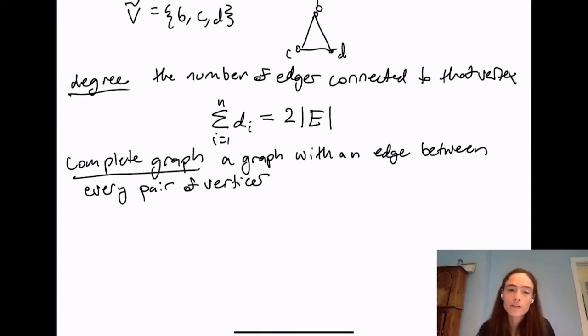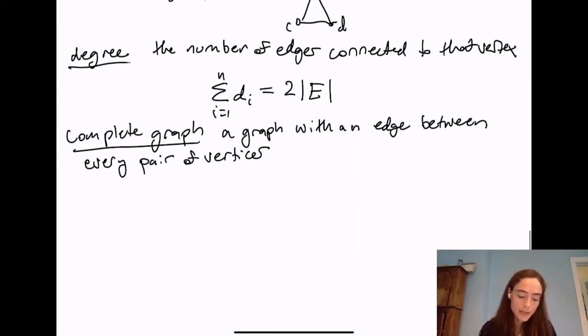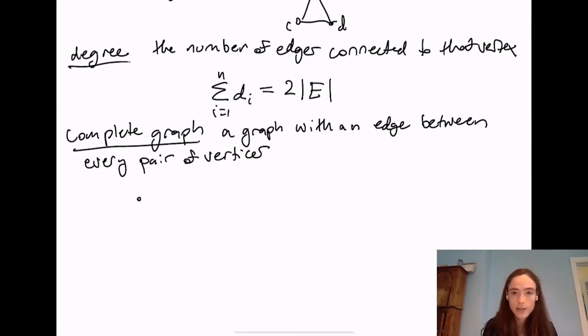So, for example, if we just have one vertex, no edges are necessary, this is a complete graph. For 2 vertices, this is a complete graph. For 3, we again draw edges just between every pair of vertices. 4, we do that again.